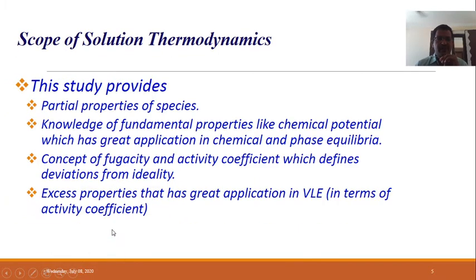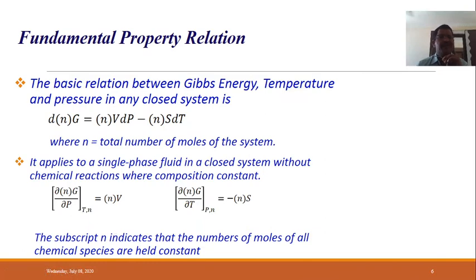But here n is some value, the total number of moles present in that system. This equation is applicable for a single fluid phase in a closed system, not for multiple phases, and without chemical reaction, where composition is constant.